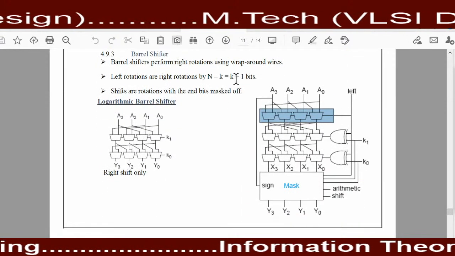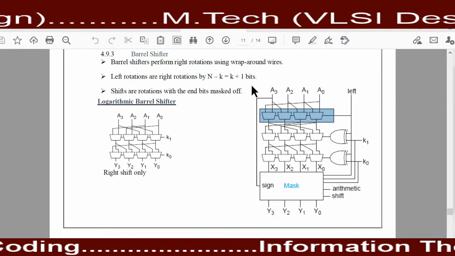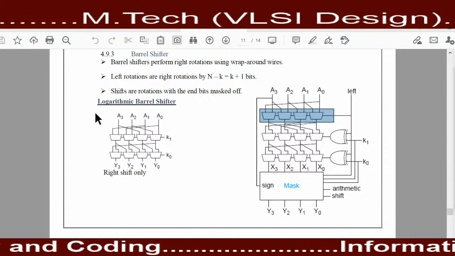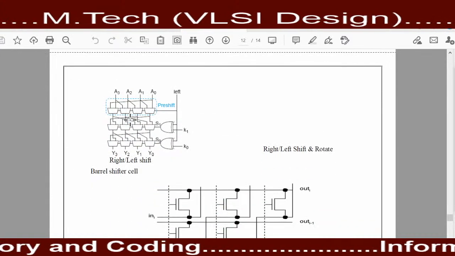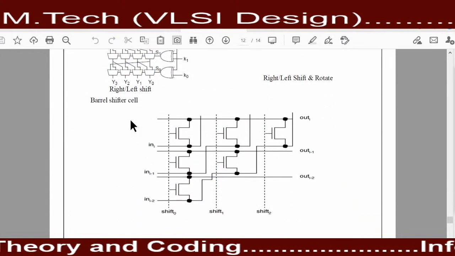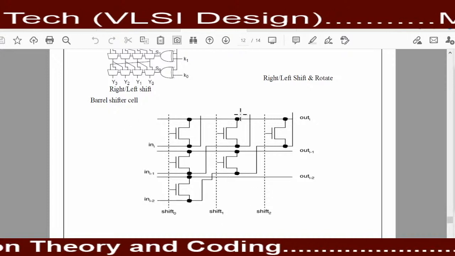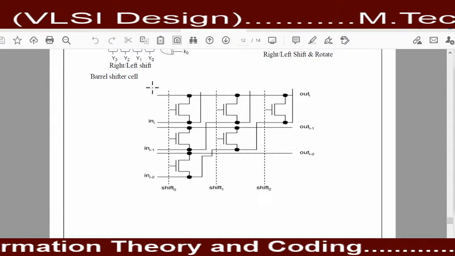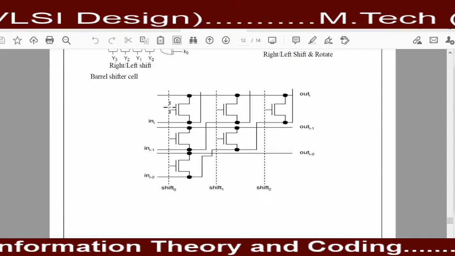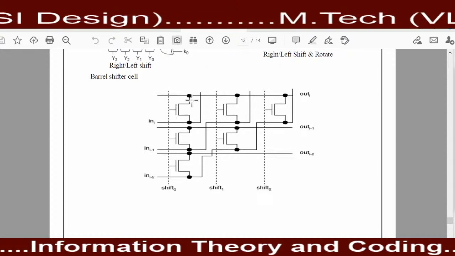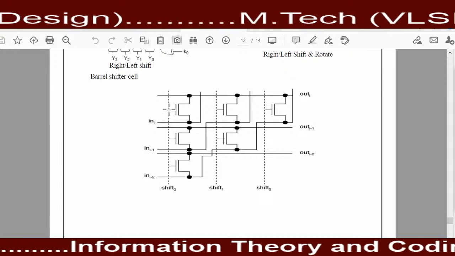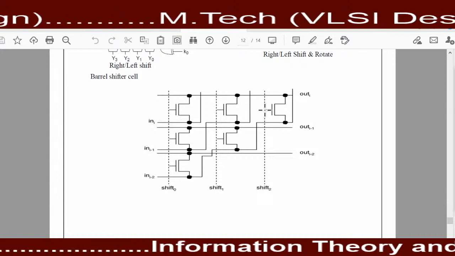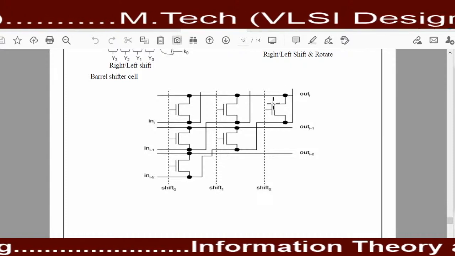So this diagram shows the 4 bit barrel shifter circuit, and this one is also a logarithmic barrel shifter circuit. You can understand the barrel shifter by using this simple gate structure. Here this one is the gate terminal of each MOSFET.